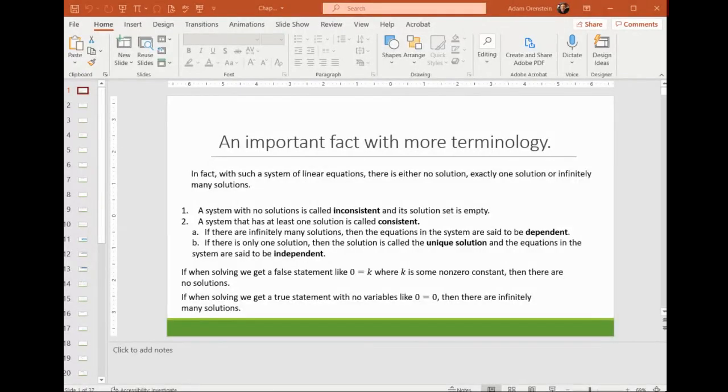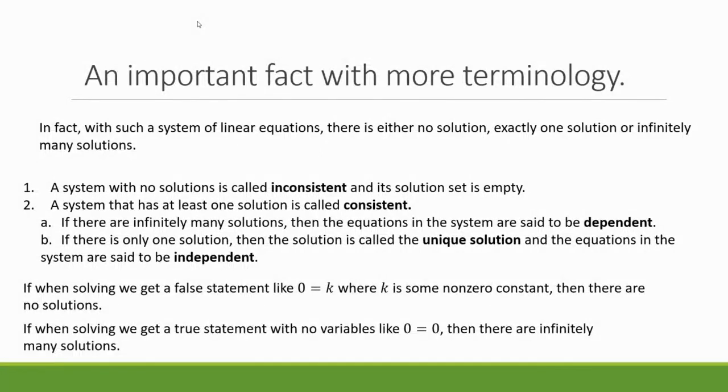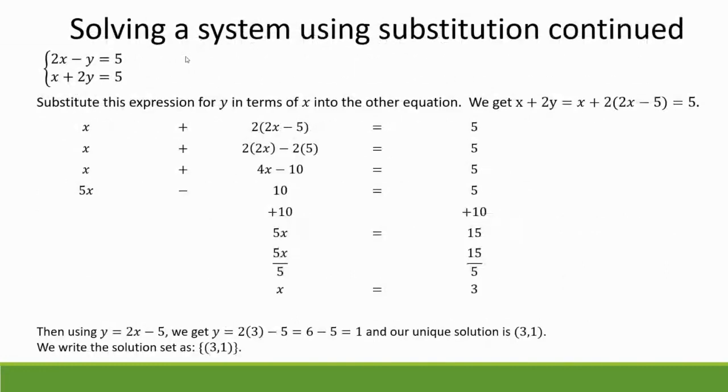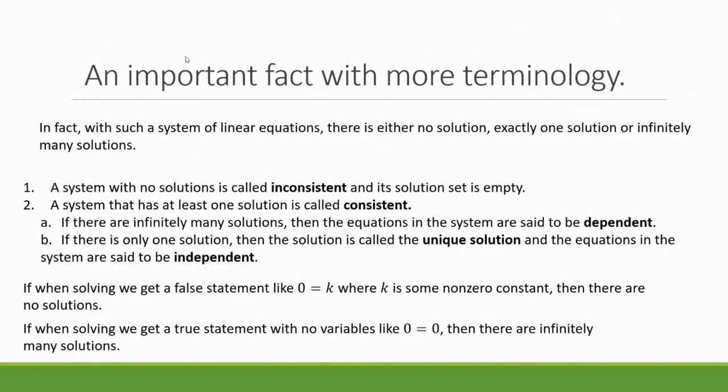So last time we started looking at a system of linear equations, okay? Basically, with a system of linear equations, there are only 3 possibilities regarding the number of solutions.